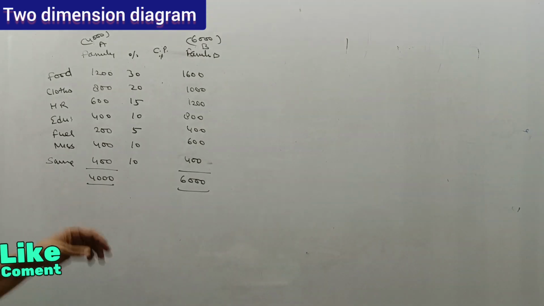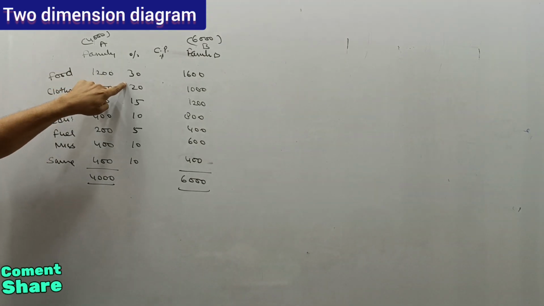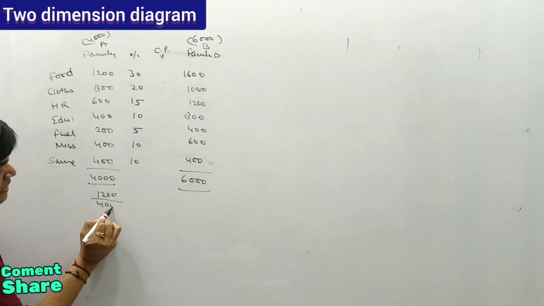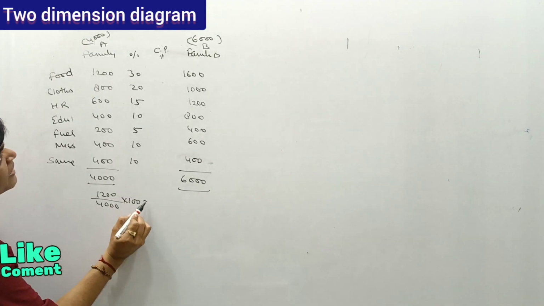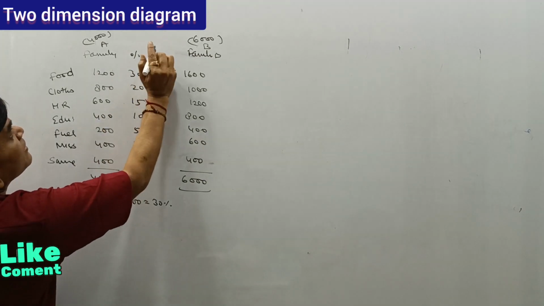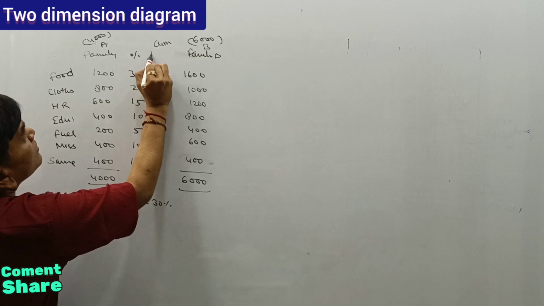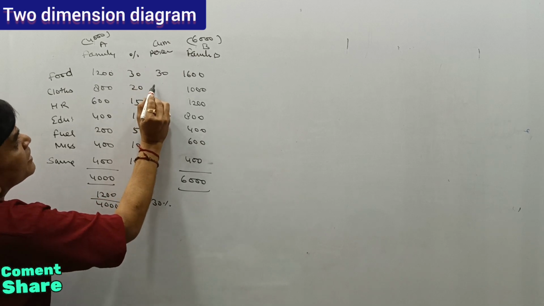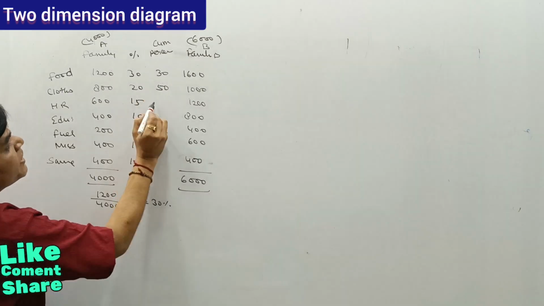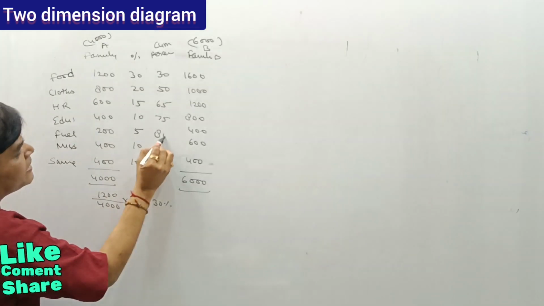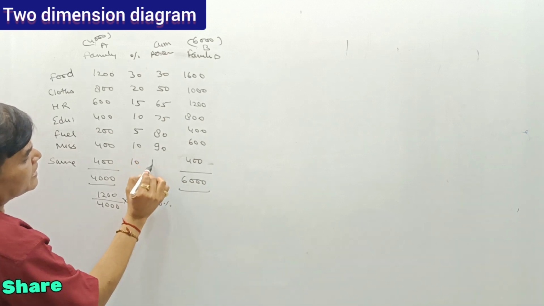First we have changed these into percentages. Similarly, the cumulative percentage: 30, 30 plus 20 is 50, 50 plus 15 is 65, then 75, then 80, then 90, and then 100.